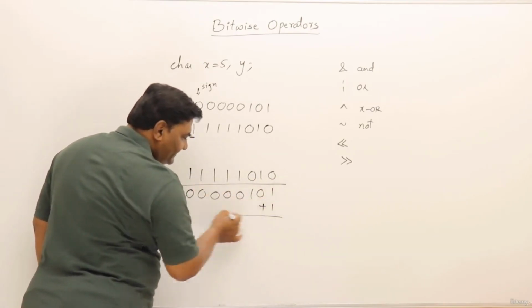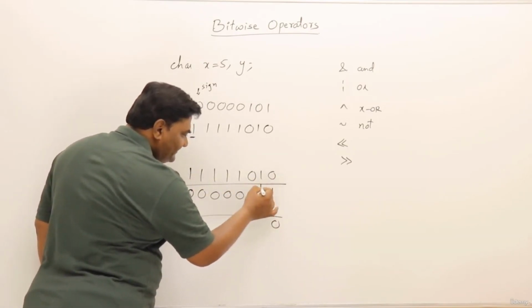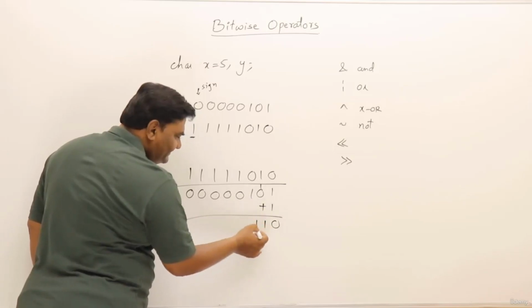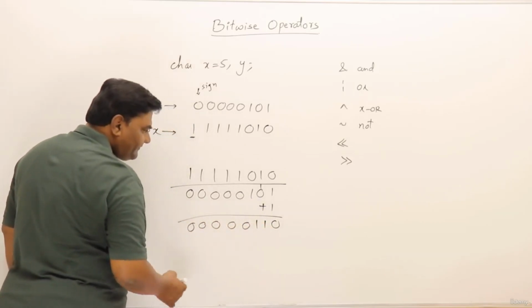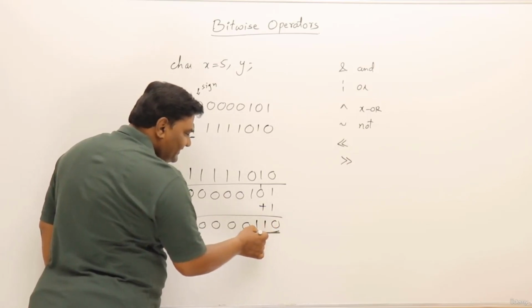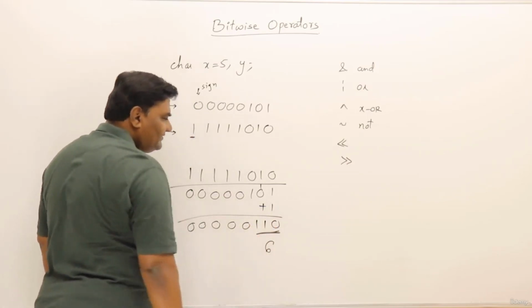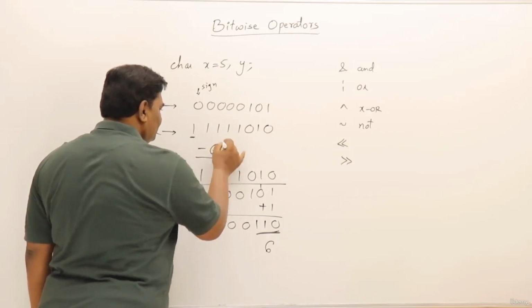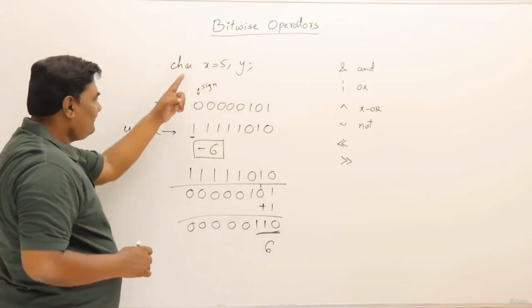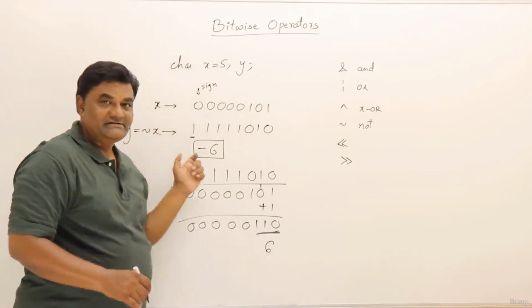So 1 plus 1 is 2, that is 0 carry 1, and this is 1 and this is 1. Then 0, 0, 0, 0, 0. Then how much is this? 6. So this is a negative 6. So not of 5 is minus 6.